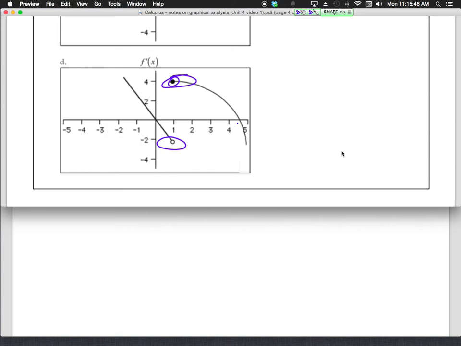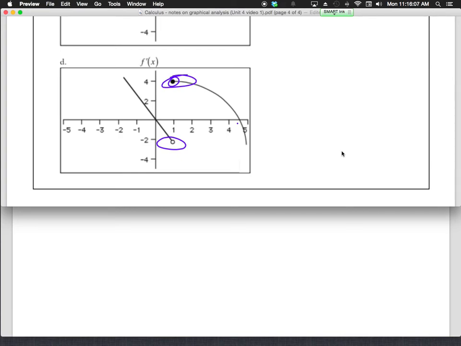Very good. All right, so critical points. Where do we get critical points from? When f prime of x equals 0 or is undefined.